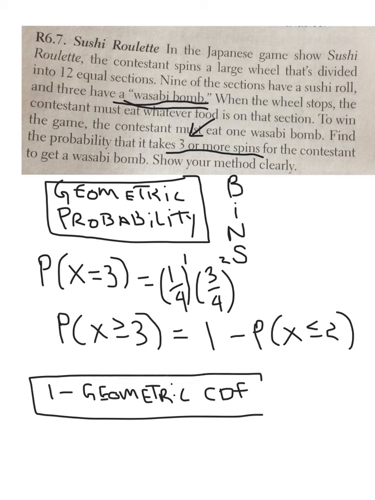So you can plug it in the calculator just like that. So let's see what I get. And the answer is 0.5625. So there's an over 50% chance that it would take 3 or more tries before you got that wasabi bomb. Okay, let's do the last one.